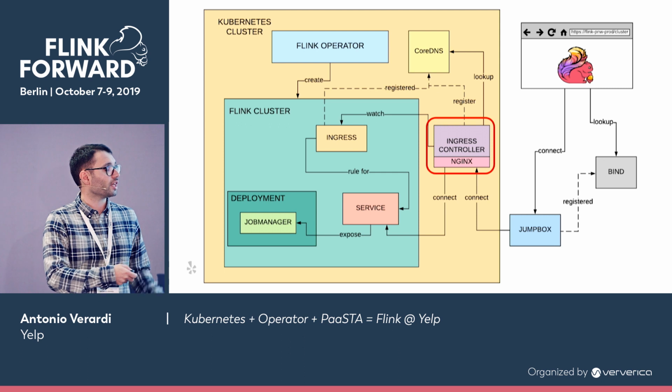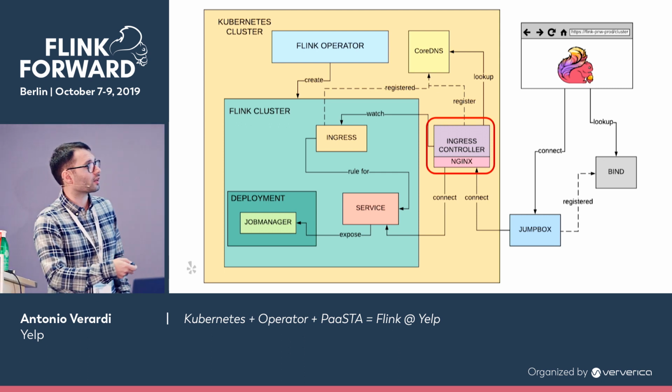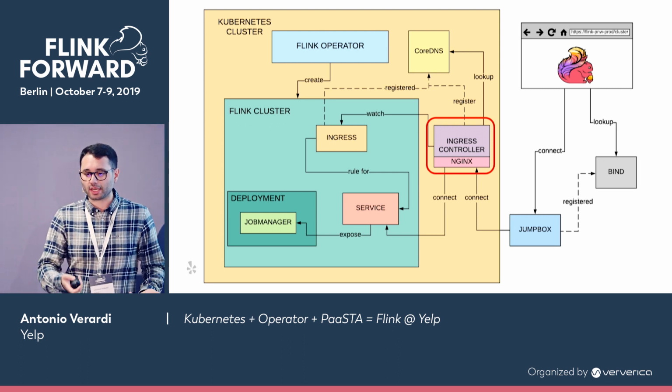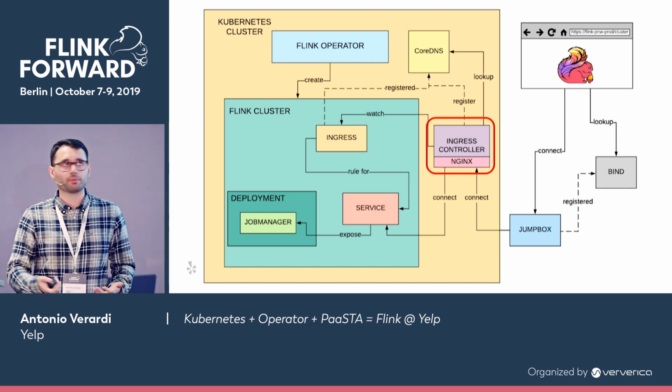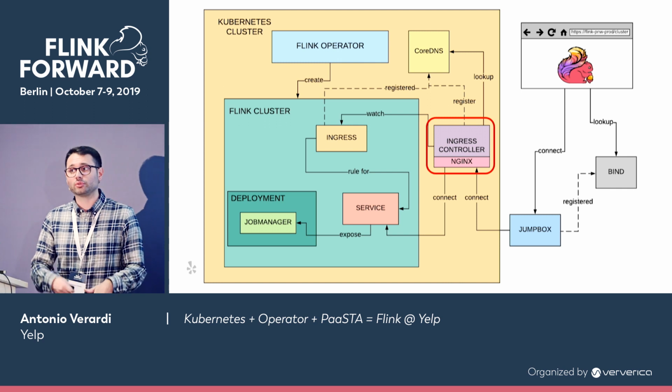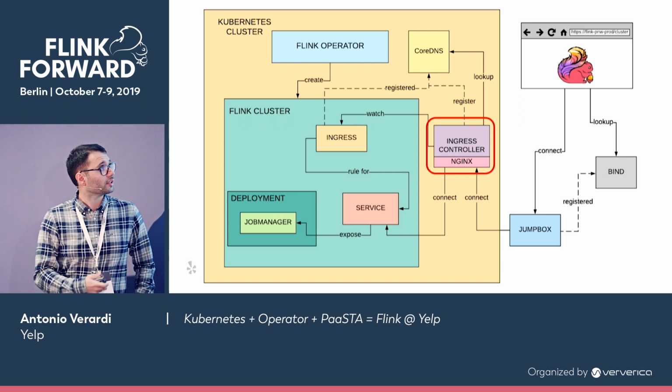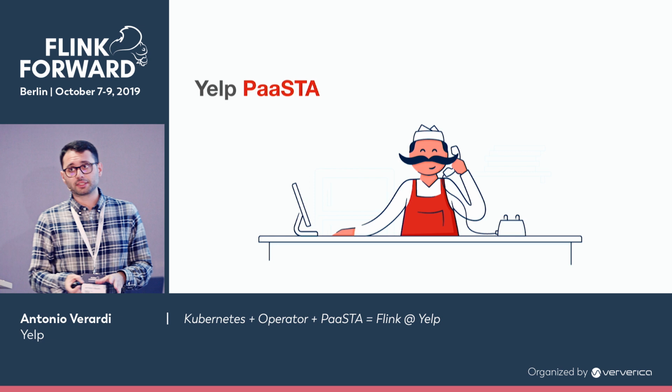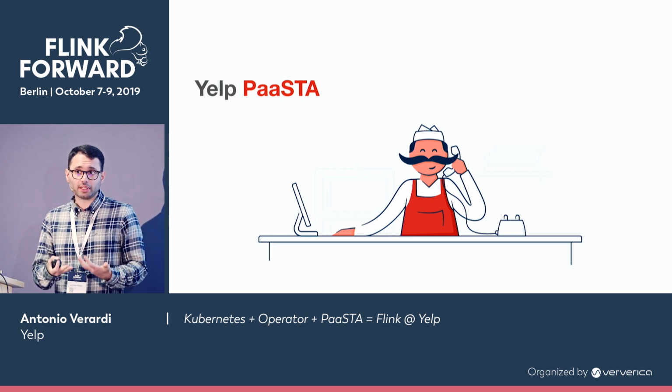We also use Nginx as a proxy, and it's where we do the authentication. Now, once again, this is very Yelp specific. You don't need to familiarize yourself with the whole chart. But this is one example of the things that an operator can do for you if you have the time to encode it. Now, last part of the talk, let's talk about PaaSTA.